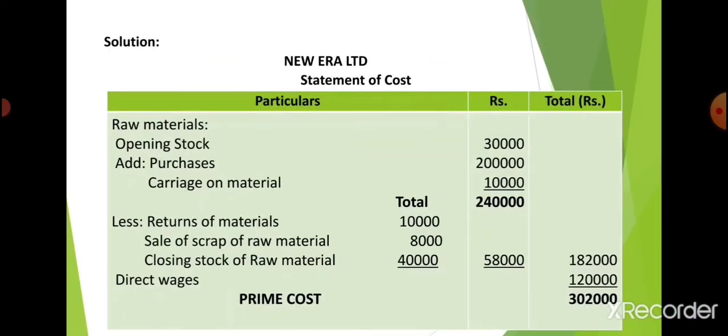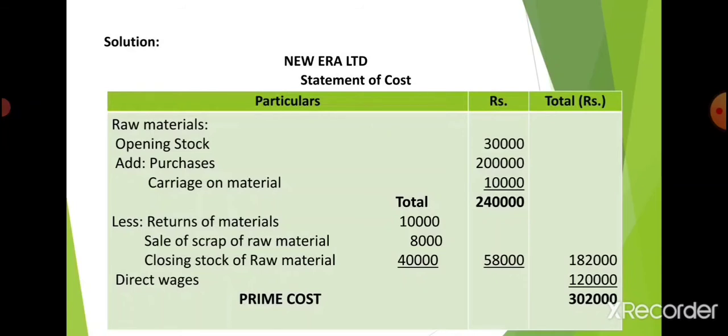From that we have to deduct all these. First one is return of material. Return of materials means we have purchased some material and we do not need them anymore and we have to return them, so it should be deducted. 10,000 is the return of raw material, and the sale of scrap of raw material. Here scrap of raw material is given.